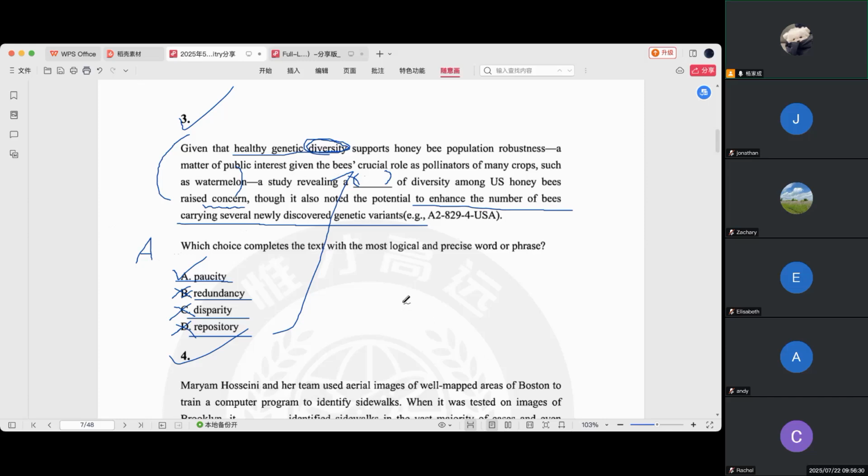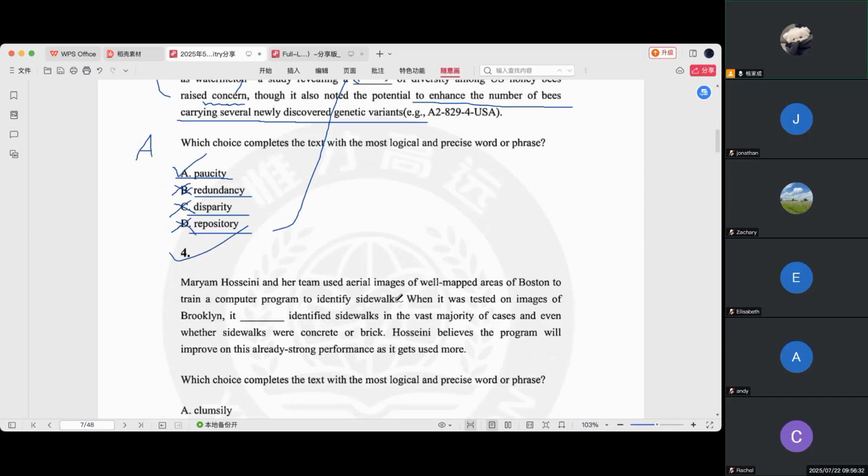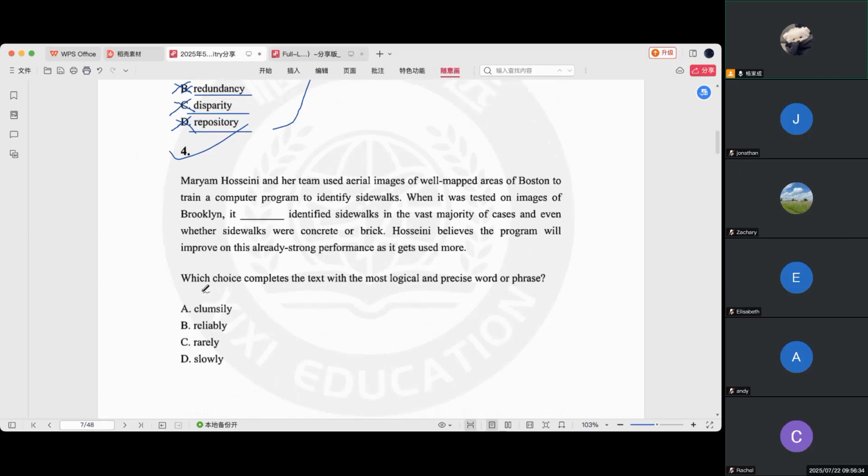All right, let's move on. So the next question will be question number 4. I think for this one, most of you guys got it right. The right answer is B, reliably. And the reason why it's reliably is because the first sentence said they trained this computer program to identify sidewalks.